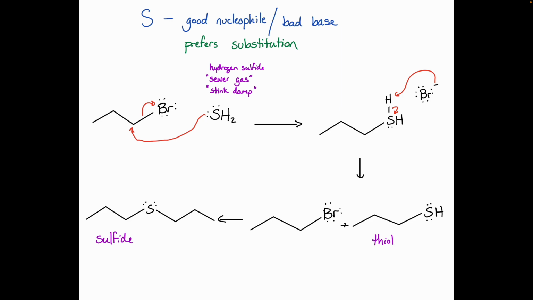So, great method for preparing sulfides, symmetric sulfides. Bad method if you're trying to prepare thiols. All right? Because again, sulfur is too good of a nucleophile. So we can't stop it at this step.